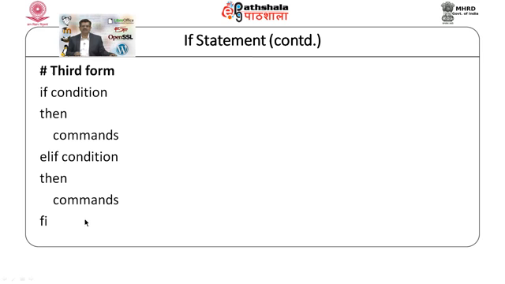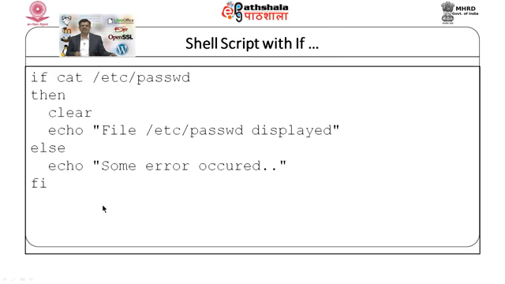Now, let us see examples of using the if statement. This is a very small toy script which displays whether a file has read permission or not. The file /etc/passwd is concatenated, so there is the cat command.